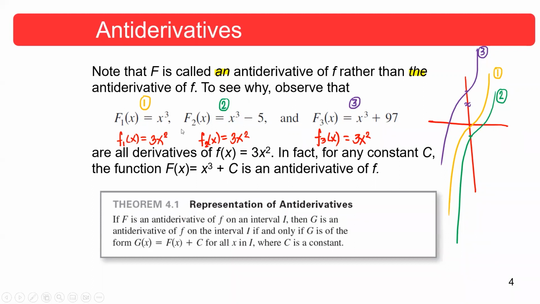In fact, for any constant c, the function x cubed plus c is an antiderivative. The x cubed is one of the antiderivatives of this. X cubed minus 5 is also another antiderivative, but it's not the particular one I'm looking for. It depends on some conditions given, if there are any.